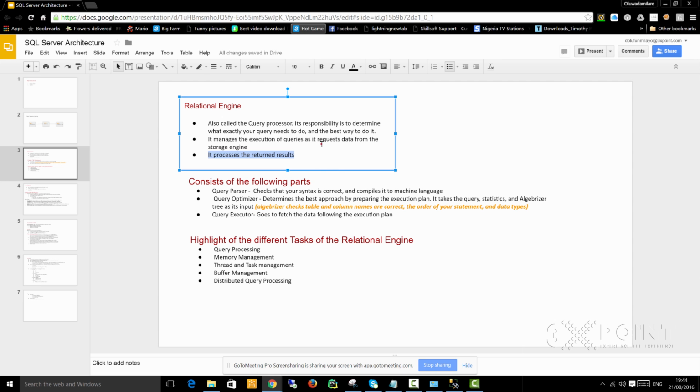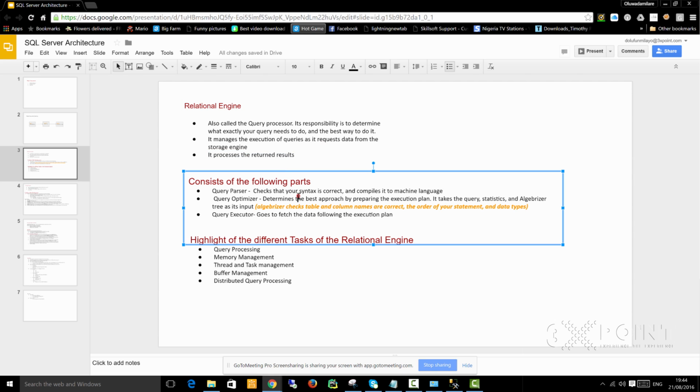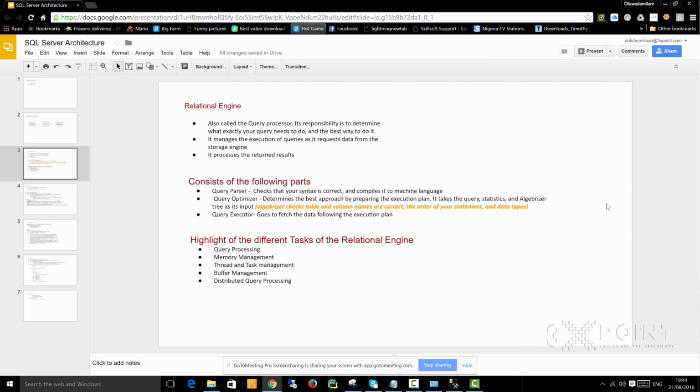You need to bear that in mind as well. This understanding is quite important, so that when you're having issues with performance tuning, understanding the relationship between the relational engine, the storage engine, and the SQL OS lets you easily direct your attention to the right area, rather than just doing guesswork or trying to model things around.